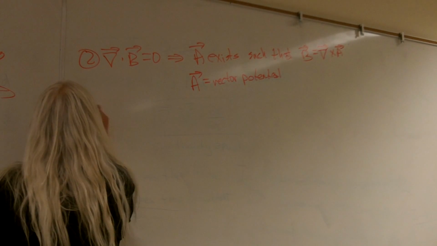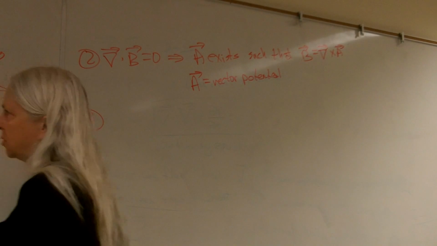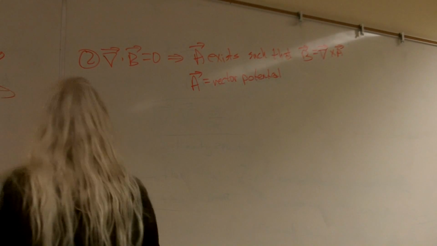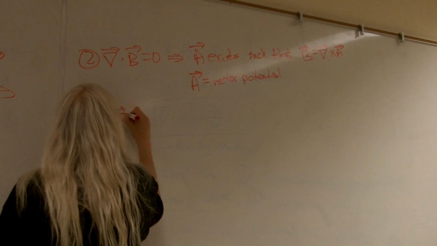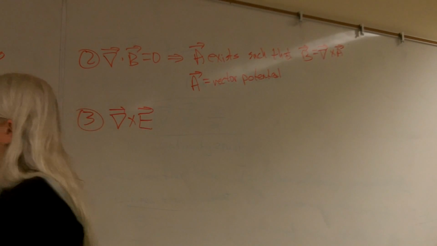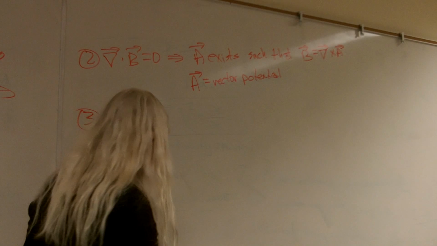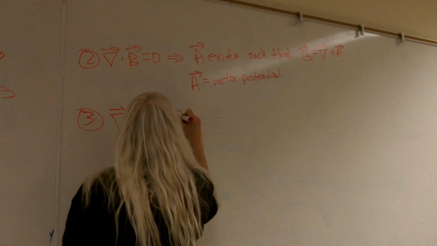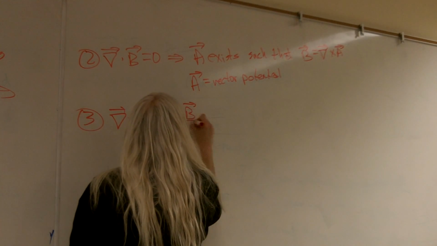Now, let's take a look at the third of Maxwell's equations, Faraday's law. If I rearrange it by adding dB/dt to both sides, I can write the curl of E plus dB/dt equals 0.